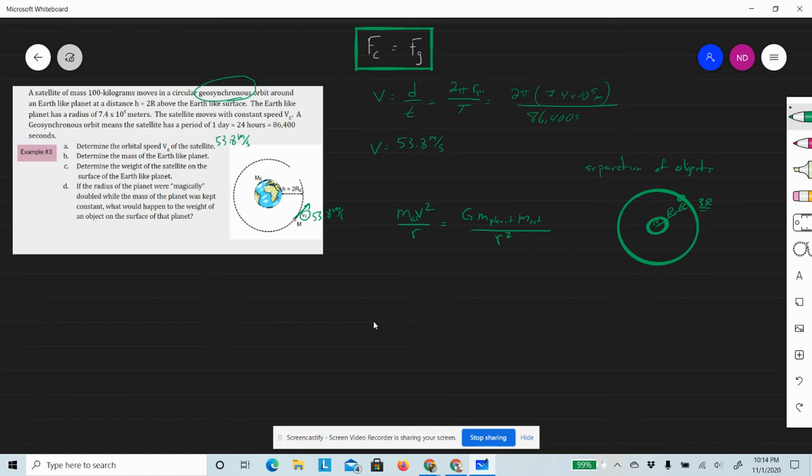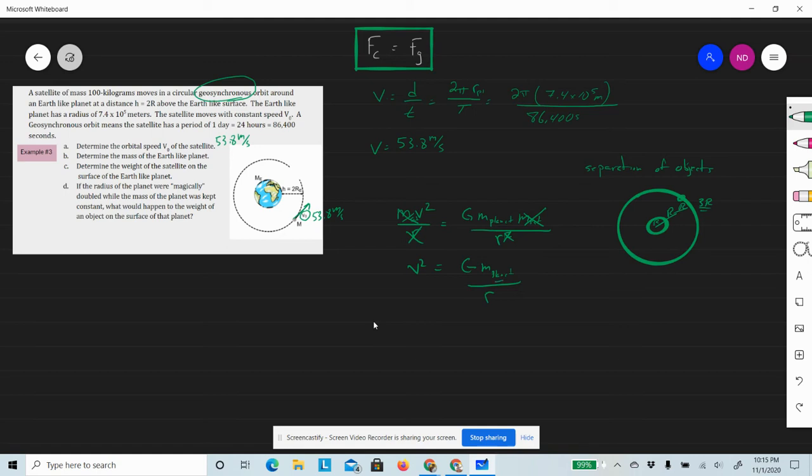So here we go. Now let's see this. What's so cool? The mass of the satellite cancels out. This cancels out one of those. So you get v squared equals G times the mass of the planet over r, the separation between them.